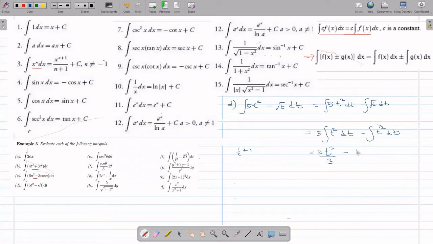So t to the 3 over 2 divided by 3 over 2 plus c. This 3 over 2 I can flip and multiply, no? So I have 5 t cube over 3 minus 2 over 3 t to the 3 over 2 plus c. This 3 I flip and multiply.